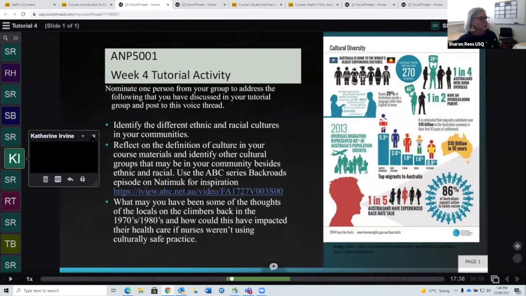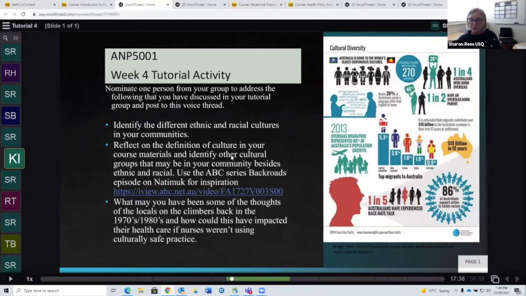In this tutorial, they had to do activities. Well, they had to go and watch a video, and then they were put in their groups by this stage. So unfortunately, I had a huge dropout rate, which a lot of nurses realised that taking on study during these times was a bit difficult.